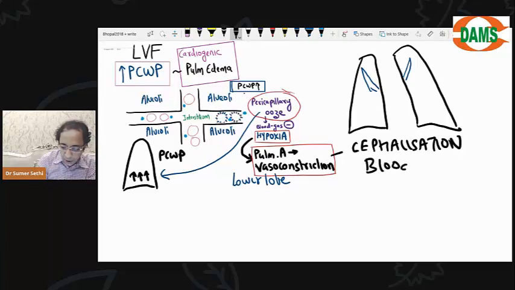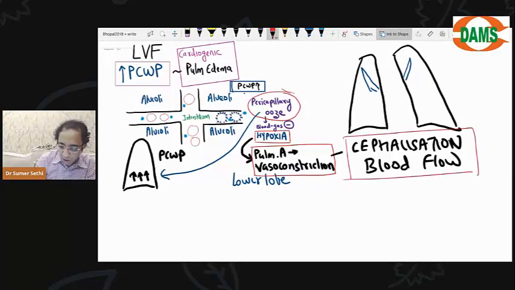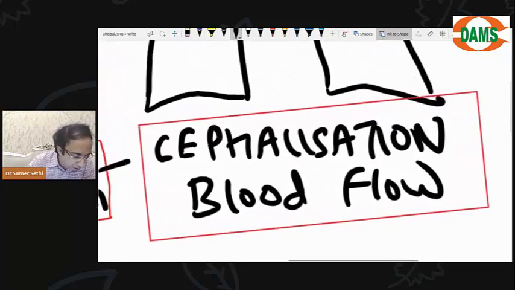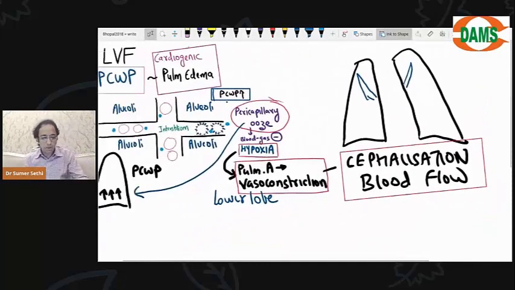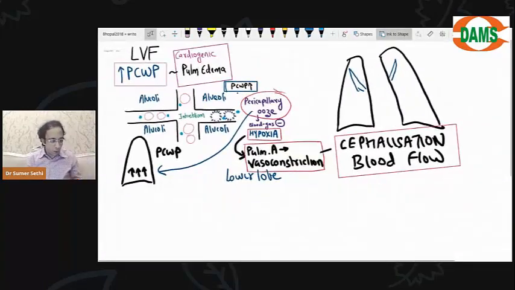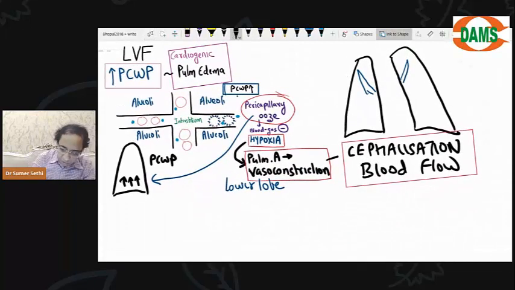Everybody understands? You might have seen this question multiple times. What is the first chest X-ray change of heart failure? The answer is cephalization of blood flow. Because of gravity, the lungs are arranged in this manner. So this is where the MCQs are. Many children are just mugging it up, but if you mug up, then there is no joy.